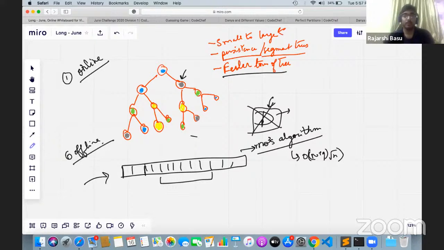A better way to solve it is using segment trees. So in the segment tree, you store pairs like this. Not in the segment tree itself, but basically the problem reduces to this: for every i, you store i comma the previous occurrence of the color of i.